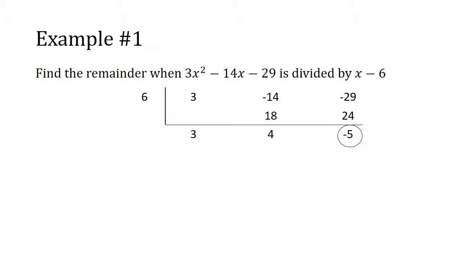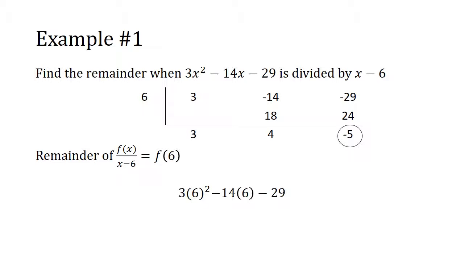But if you wanted to do that even quicker, you could use the polynomial remainder theorem. This is your function here, f of x, and you're going to put in x, which is this a right here, which is 6. You treat this as a function, put 6 where x is, and that'll give you the remainder.